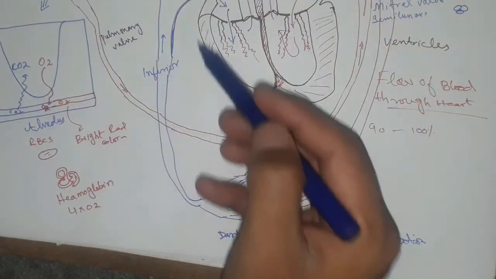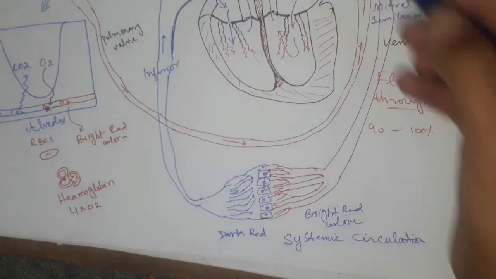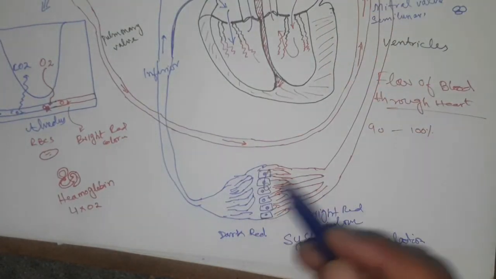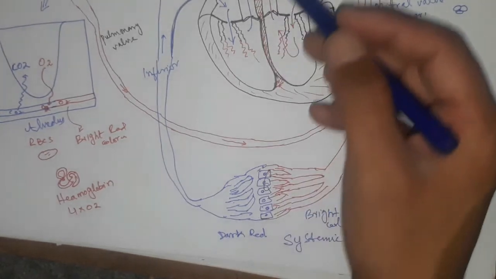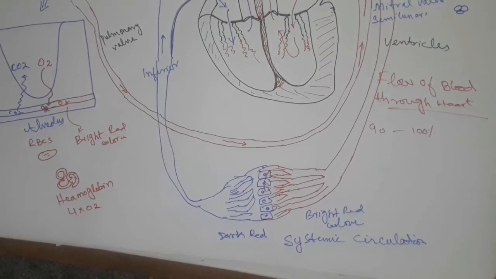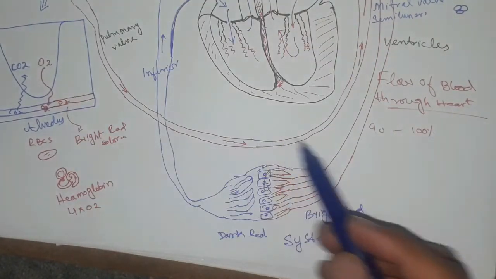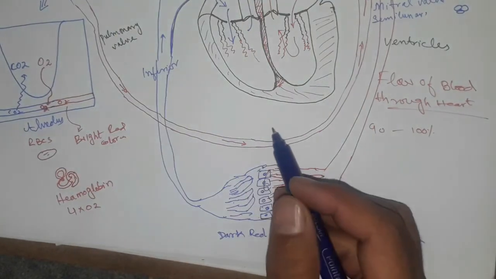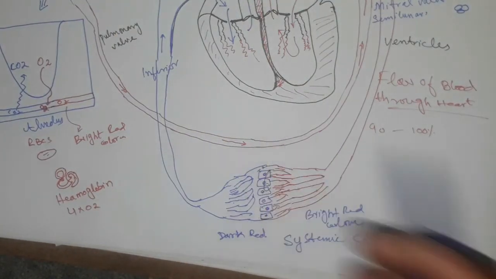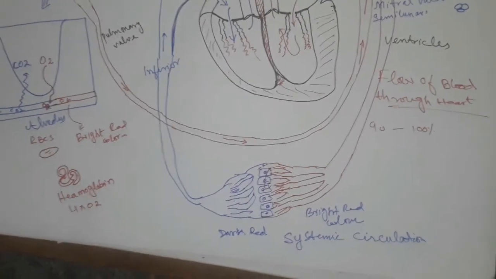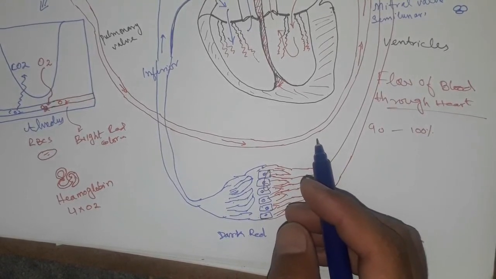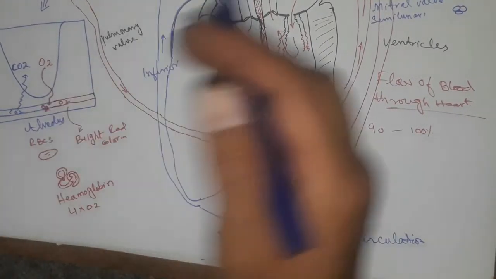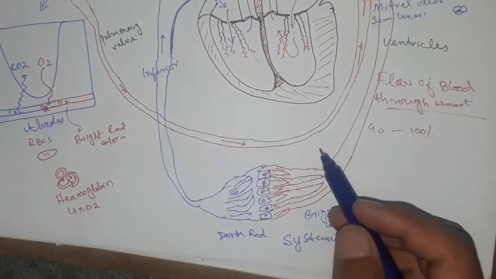So as we can see, relative to the pulmonary circulation, in the systemic circulation there are more and more arteries, veins, arterioles, capillaries, which means that the heart has to do more work as compared to the pulmonary circulation, and has to pump against this much resistance.